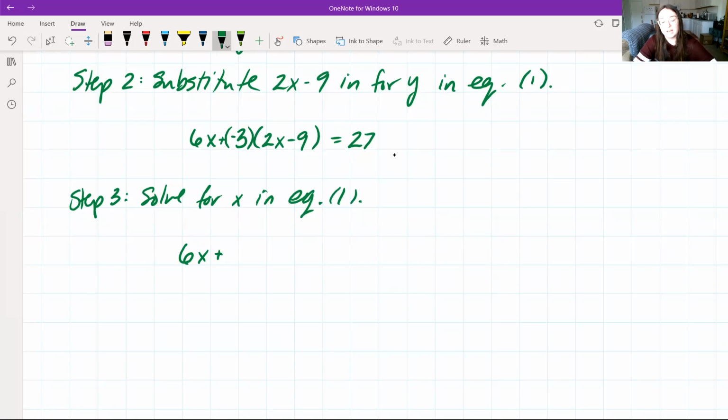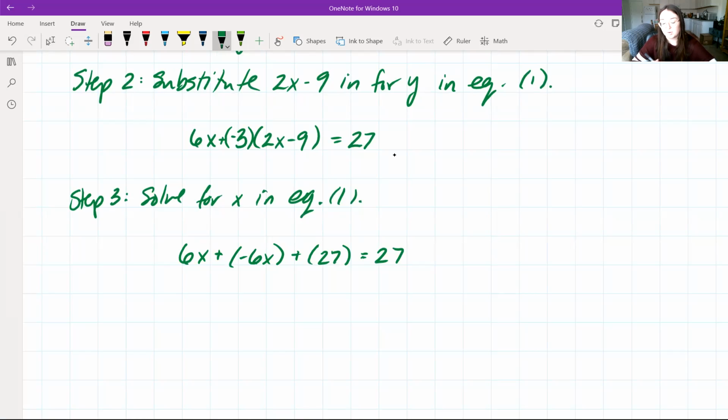So -3 times 2x is going to give us -6x. And a -3 times a -9 is going to give us 27. So now what we have here is 6x plus -6x plus 27 is equal to 27.